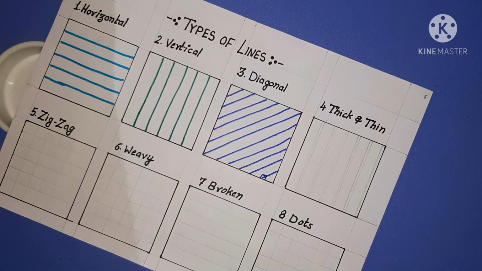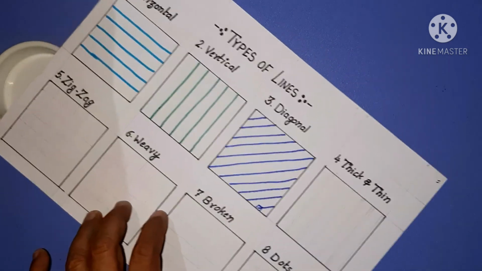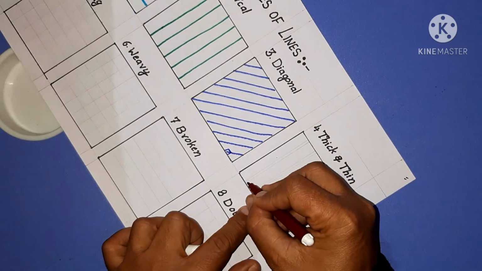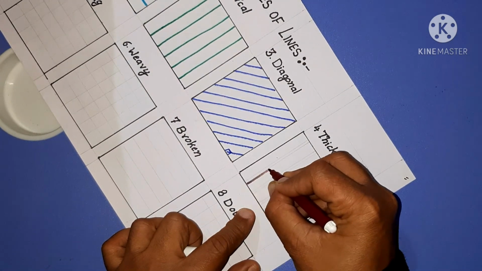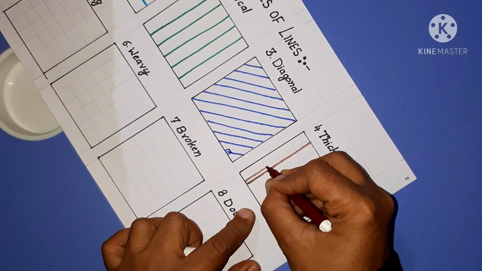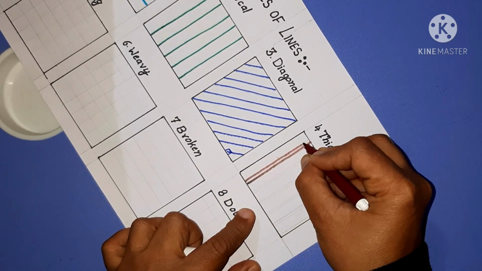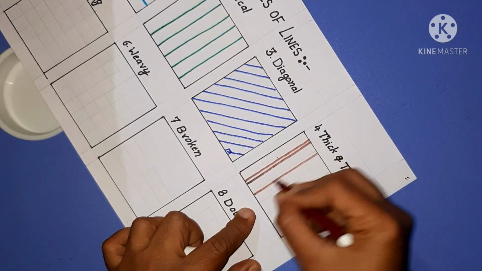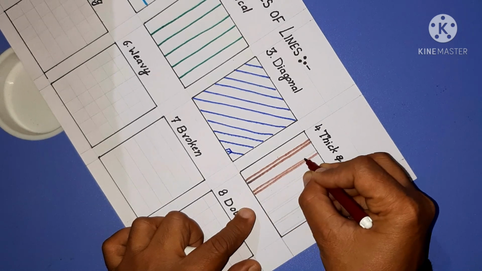Next are thick and thin lines. Thick and thin lines are lines which have no direction, but they have a property that they are composed in such a way that one line is at a lesser distance compared to the other line.